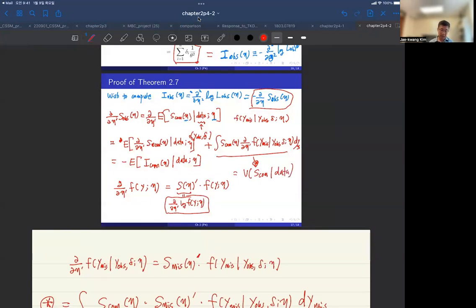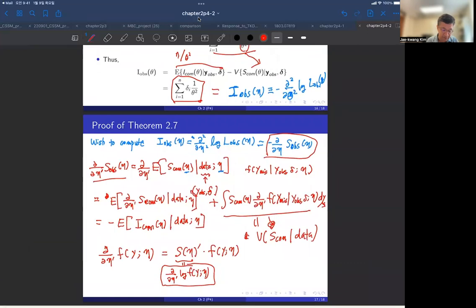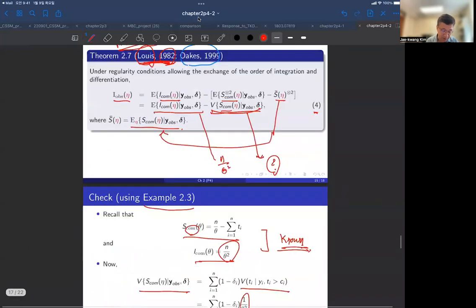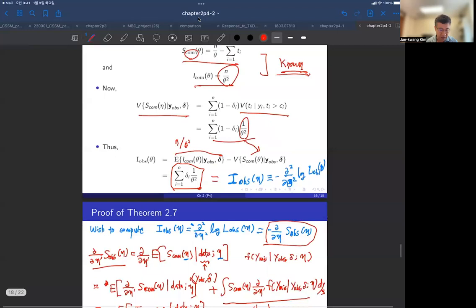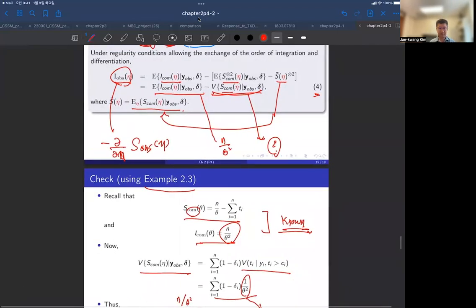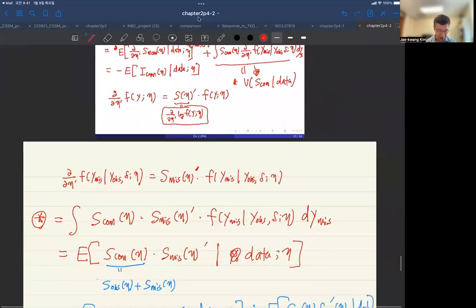And at the end of the day we simplify: we take the negative, because this guy is the negative, minus of S obs eta. So we should take the negative value, so that gives the equation form. So that proves our result.